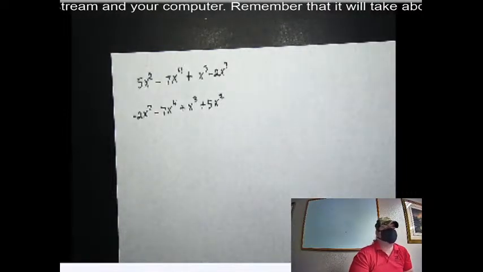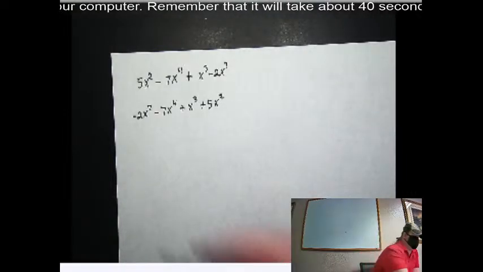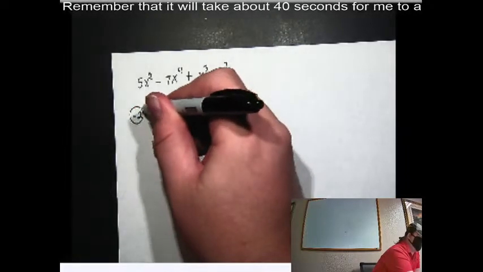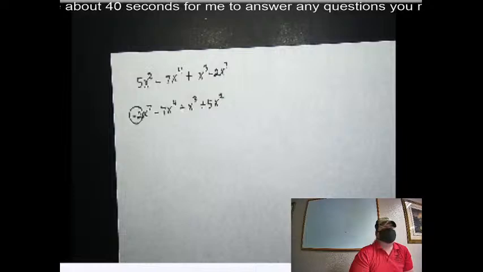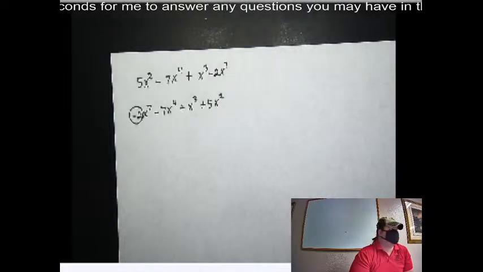And when we arrange it like this, there's another important piece that we need to look at, and it's this number right here. The number out in front of a variable, remember, is called a coefficient.